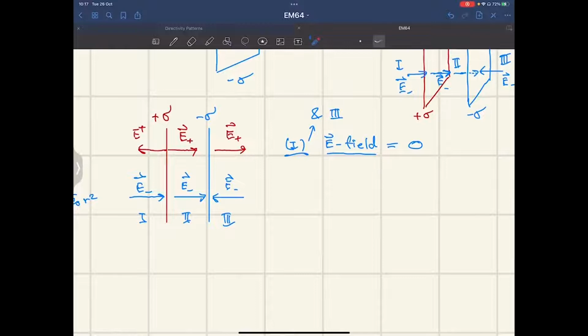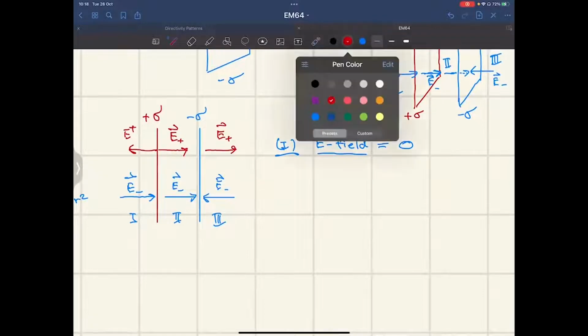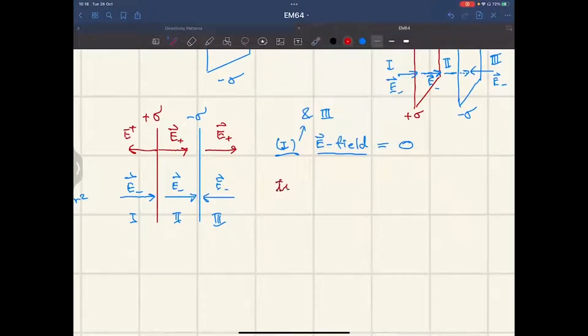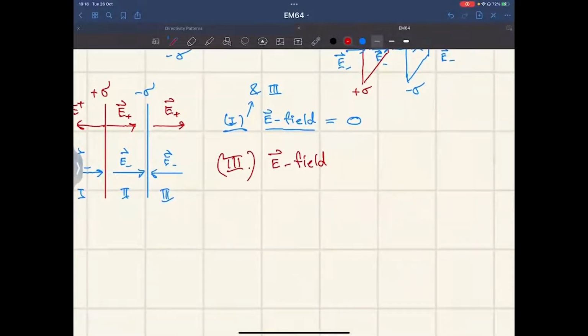So E field here in the third region, E field is what? It's the E divided by 2.